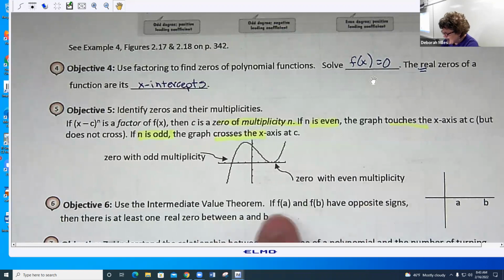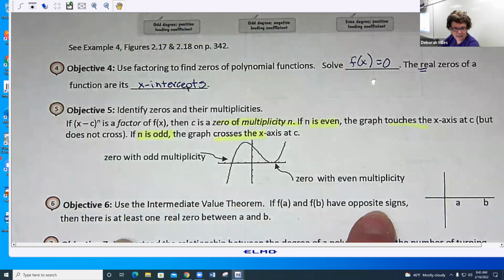It just says if f of a and f of b have opposite signs. All right, that's two different y values. The y value when x is a and the y value when x is b.